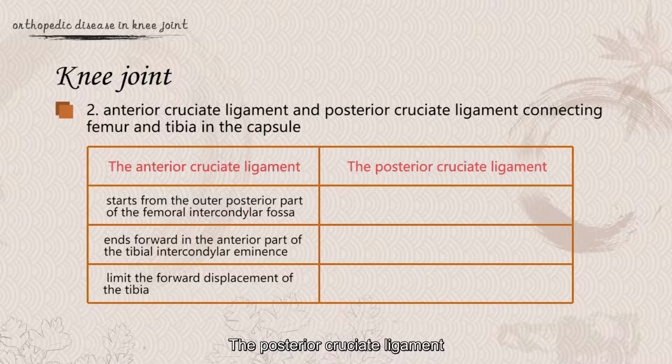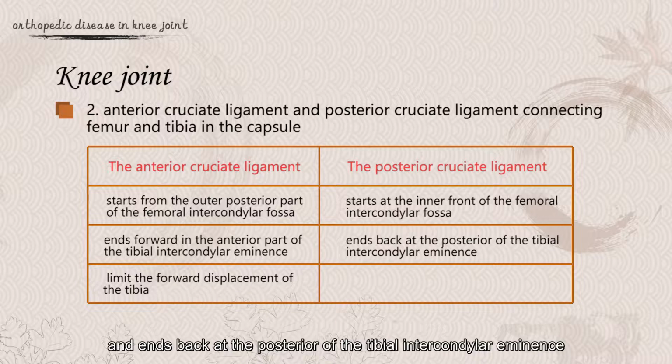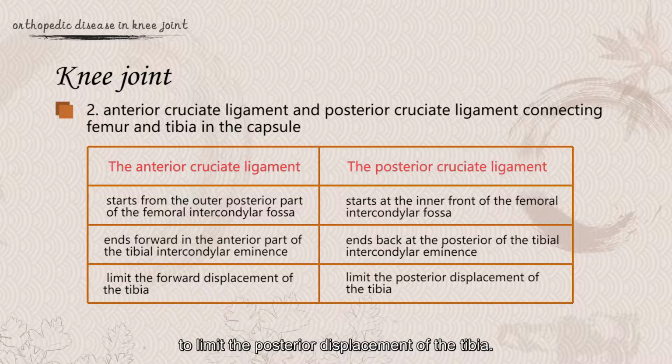The posterior cruciate ligament starts at the inner front of the femoral intercondylar fossa and ends back at the posterior of the tibial intercondylar eminence to limit the posterior displacement of the tibia.